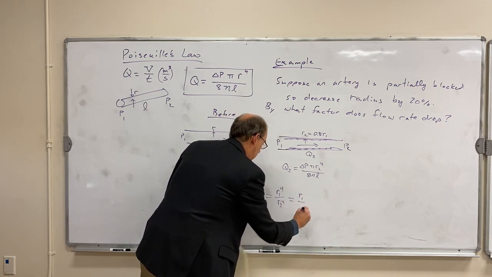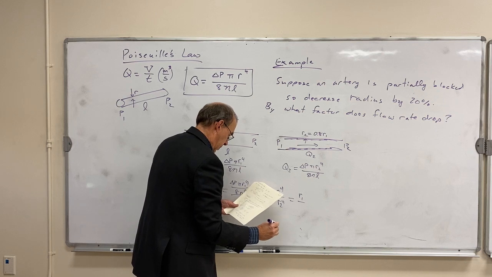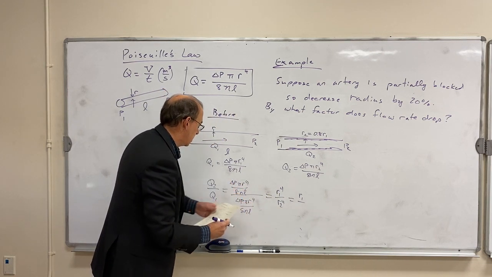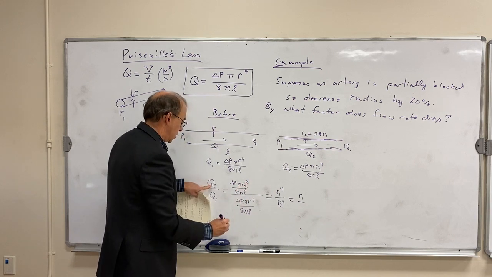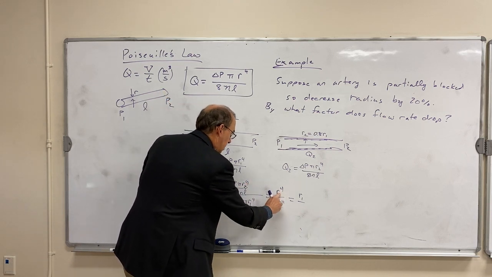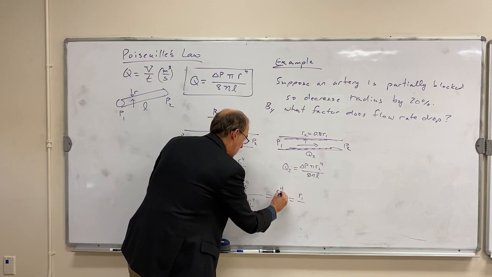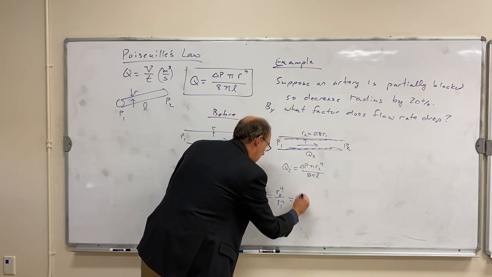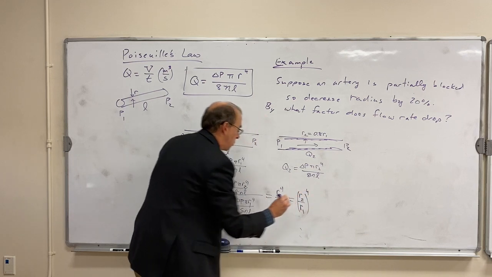Sorry, this should have been 2 over 1, because I had the 2 on top. So that's R2 over R1 to the fourth.